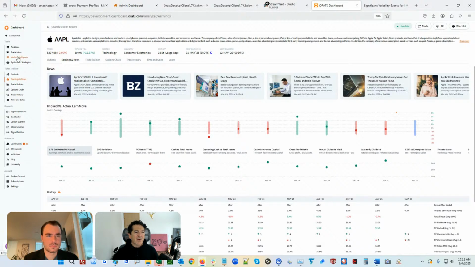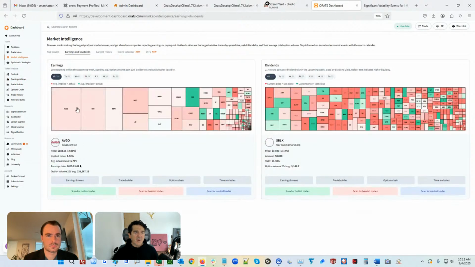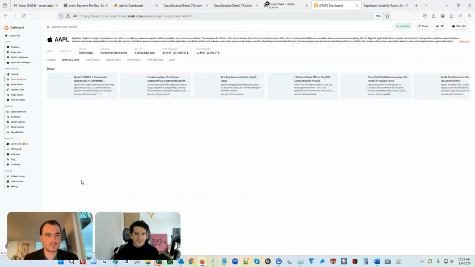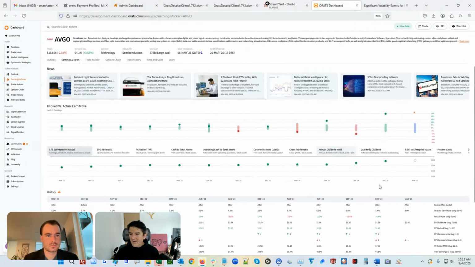For example, if we go to some upcoming earnings, like Broadcom, we're going to do an article on that. So let's take a look at Broadcom. When I checked before, it's pretty overvalued. It's an 8.9% implied earnings move when the average is 5.8.